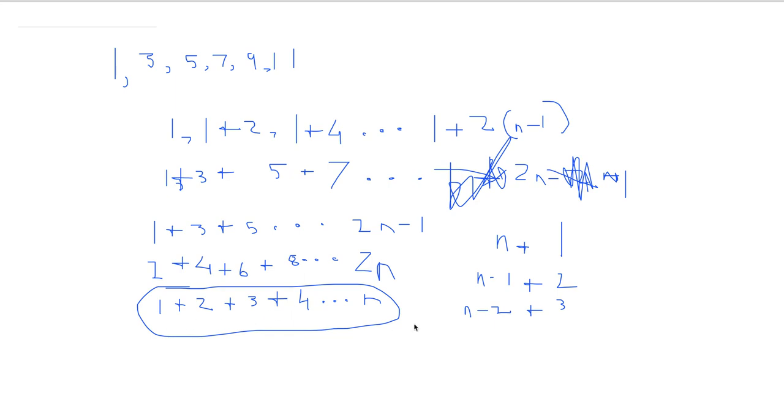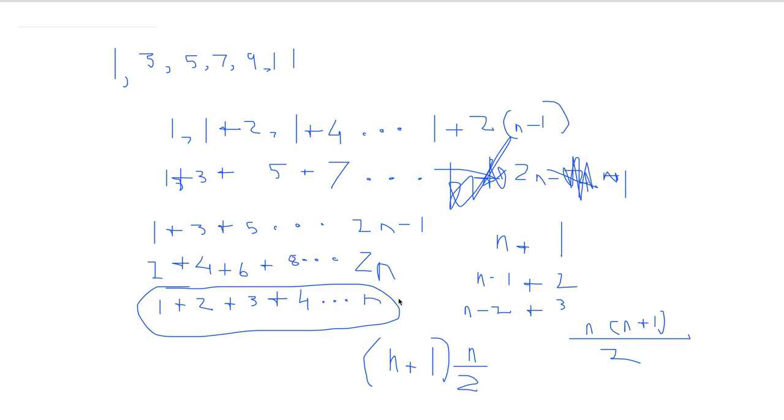So n plus 1 is the sum of each pair, and there are n by 2 pairs. So we can generate a formula: n into n plus 1, by 2, is the sum of n consecutive numbers starting from 1.